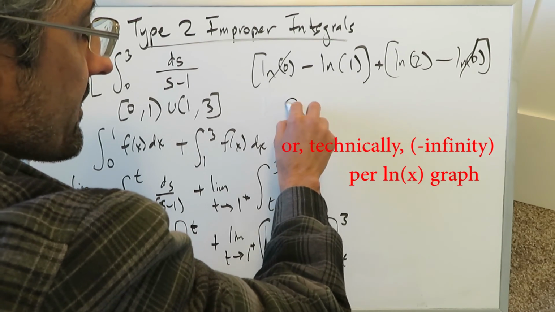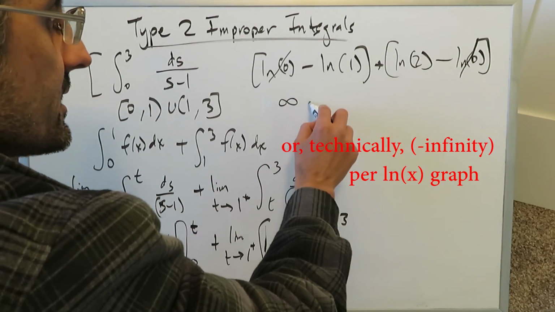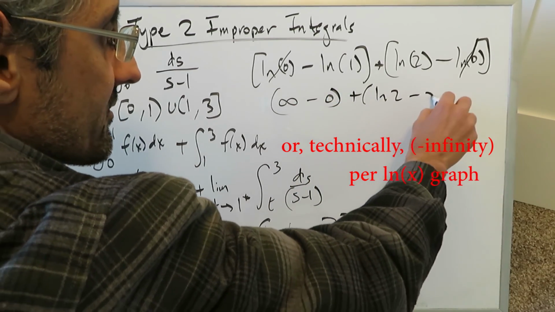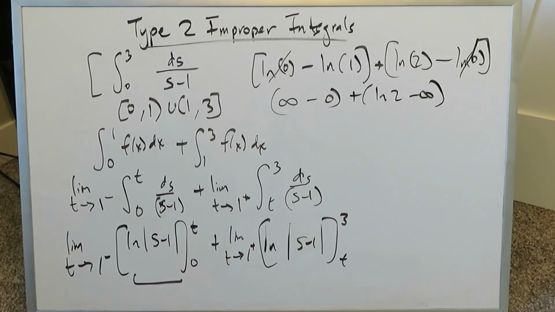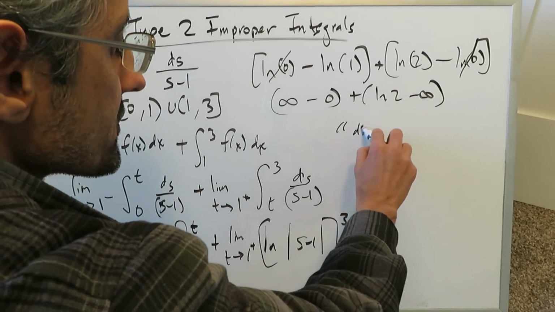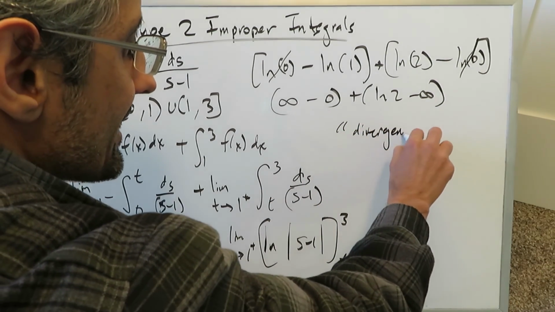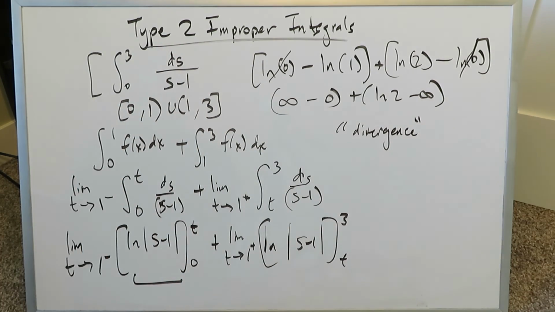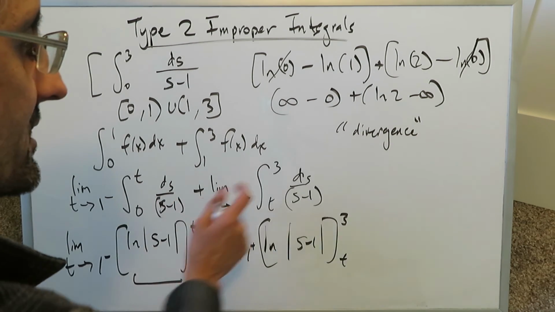You're basically seeing an undefined, which we can represent here as an infinity minus a 0 plus natural log of 2 minus infinity. All of this right here certainly brings you to a very good conclusion that we have divergence over here, that this entire definite integral cannot be evaluated in terms of the area below the curve, because a limit does not exist over here, because we have divergence here.